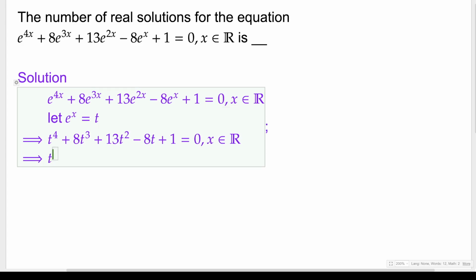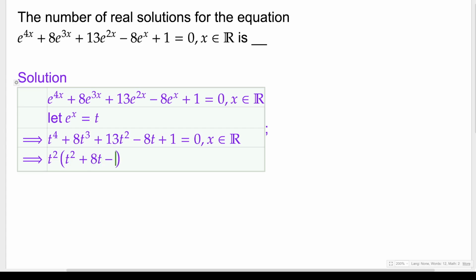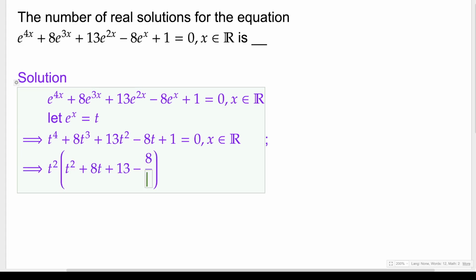Now, proceeding to the next step, I will take t square as the common factor and divide on both the sides. So this will be t square plus 8 times t plus 13 minus 8 over t plus 1 over t square, equal to 0.